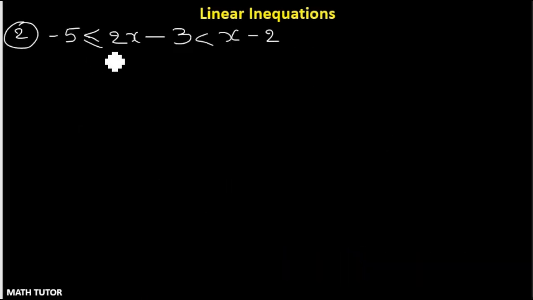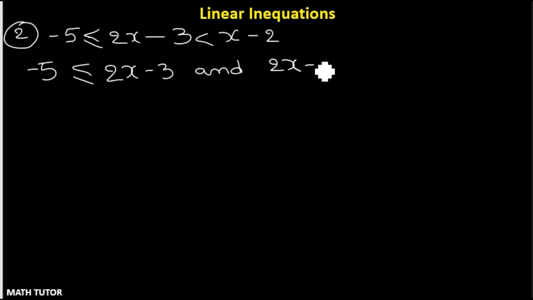We have one more inequation here: minus 5 less than or equal to 2x minus 3 less than x minus 2. So we are going to divide it into two separate inequations now. Minus 5 less than or equal to 2x minus 3, and 2x minus 3 less than x minus 2.